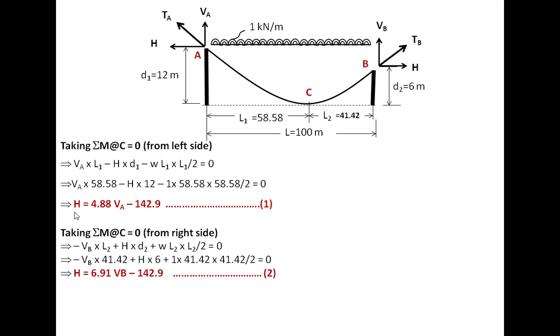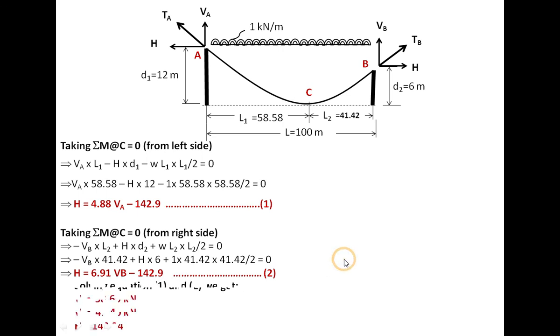So we get one relationship: H equals 4.88 VA minus 142.9. When we similarly take moment at C equal to 0, considering the right hand side, it's minus VB into L2 plus H into D2 plus W into L2 by 2. When we solve this, we get H equals 6.91 VB minus 142.9.